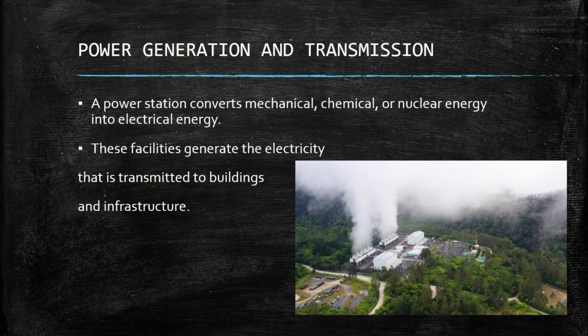This electricity is transmitted through power lines to buildings, homes, and infrastructure. Understanding where electricity comes from is crucial because it sets the foundation for designing safe and efficient electrical systems in buildings.